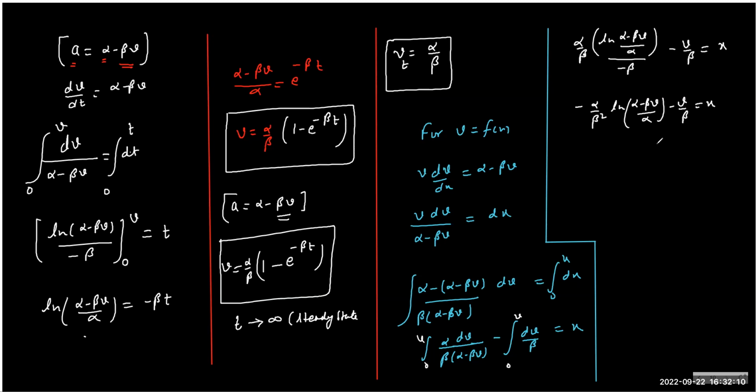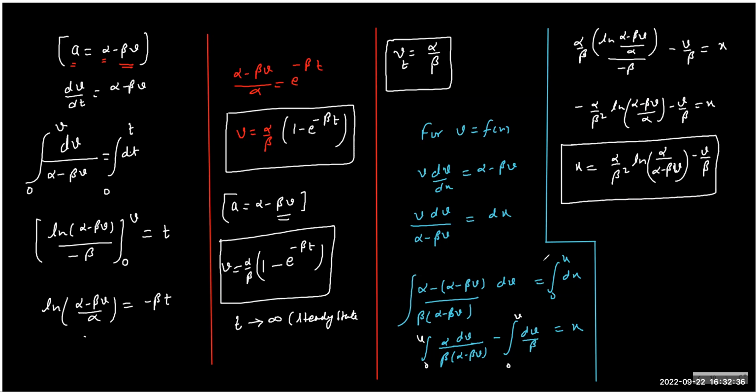So definitely we cannot solve it, right? So we can write beta x equals alpha by beta square ln alpha by (alpha minus beta v). So at least we are going to get the implicit relation like this. Okay. So that is where we have to stop.